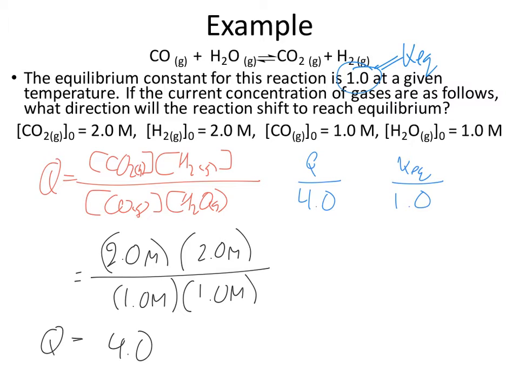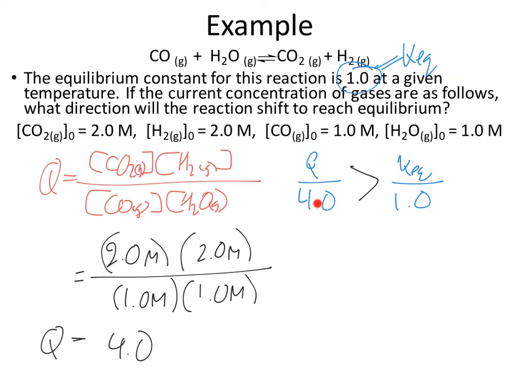Now, again, this is pretty obvious. Our Q is bigger than our K equilibrium. In order for this to happen, our numerator has to be a lot bigger than our denominator, which means we are product heavy. So right now, we're lying somewhere over here, and we need to get to an equalization point, which means that we have to convert some of our product into our reactant.